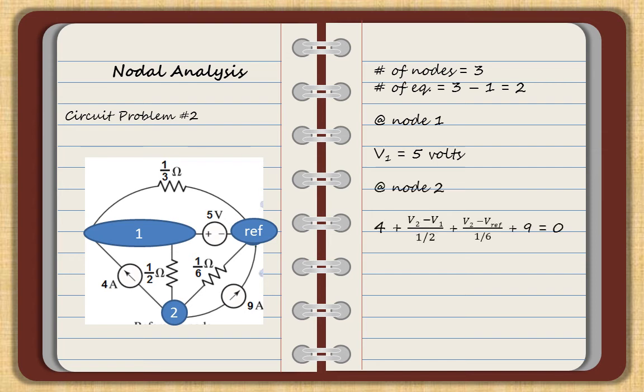At node 2, we're going to use KCL. KCL says the summation of current entering the node is equal to the summation of current leaving the node.